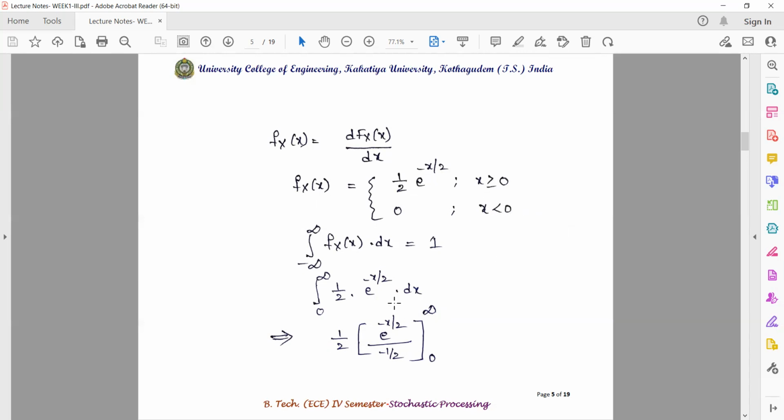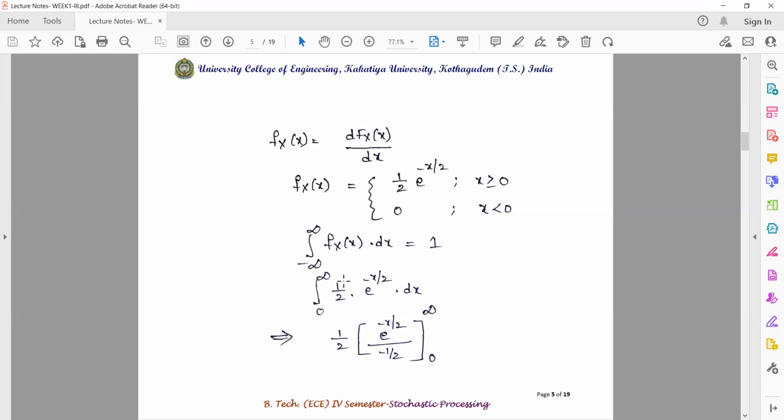The property we need to check here is that the area under the probability density function should be 1. That is, the integral from minus infinity to plus infinity of small fx of x dx is equal to 1. Substituting the evaluated PDF, the integral is from 0 to infinity because for x less than 0 its value is 0.